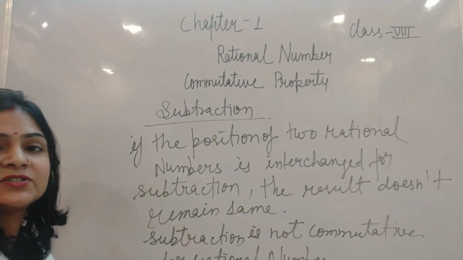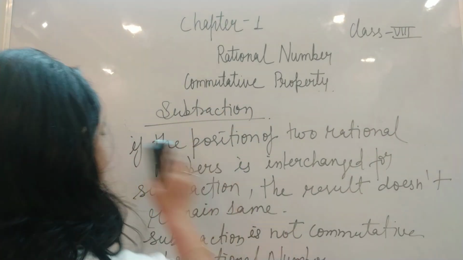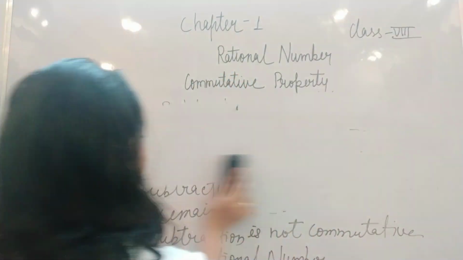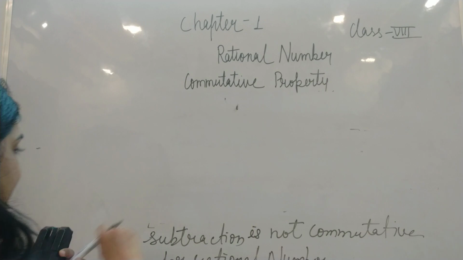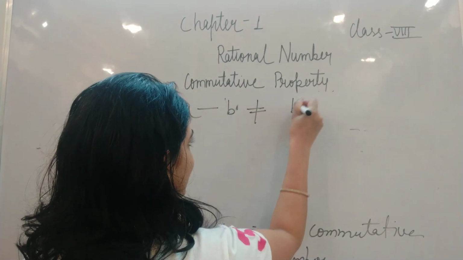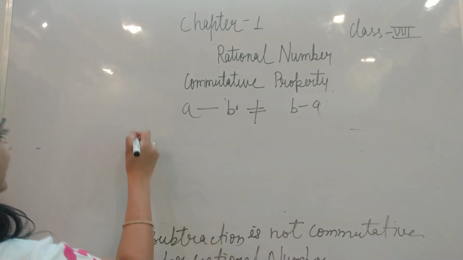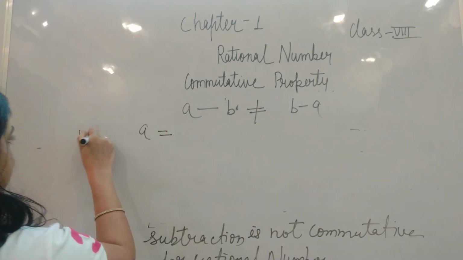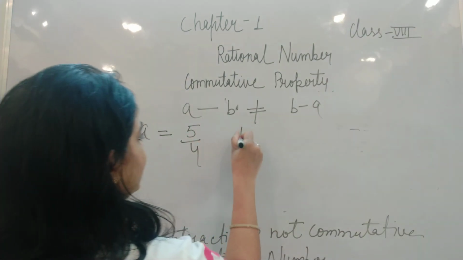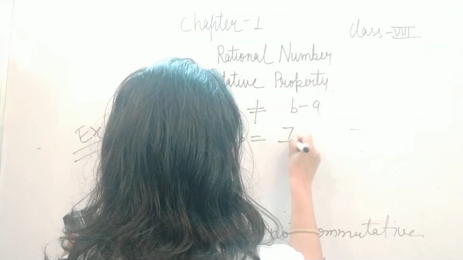For understanding this concept, I take one example. It means the value of a minus b is not equal to the value of b minus a. Example, if the value of a is 5 by 4 and the value of b is 7 by 4.